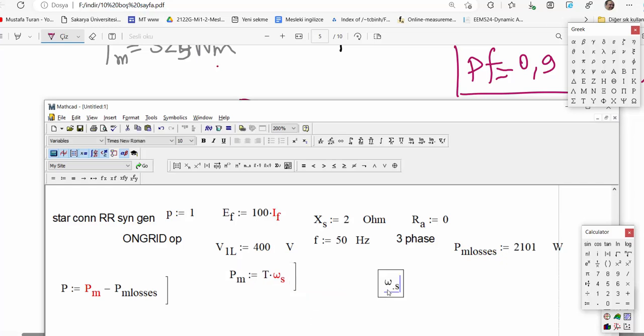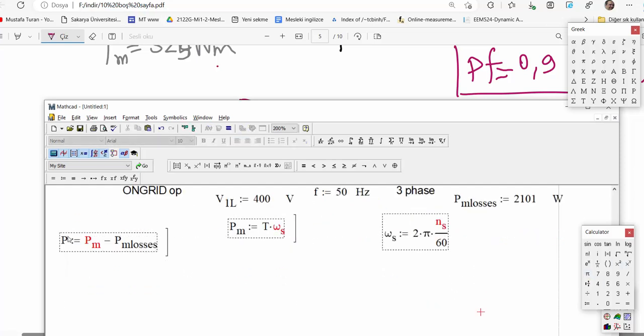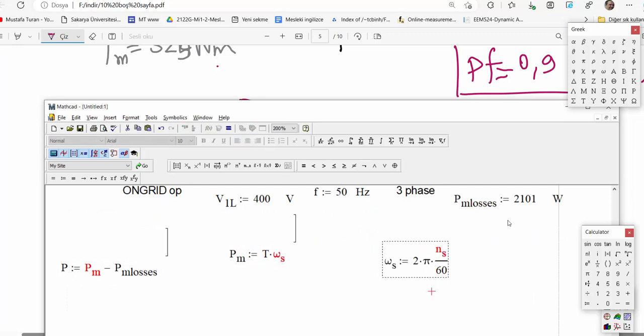Angular speed is 2 pi ns over 60. Again, ns is not known. Let's calculate ns, which is 60 f over the pole pair number.